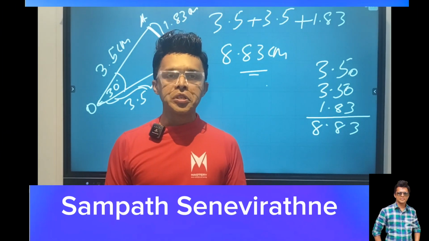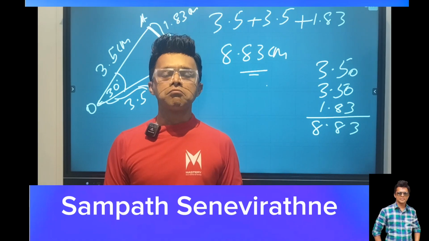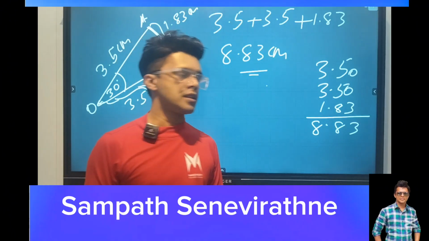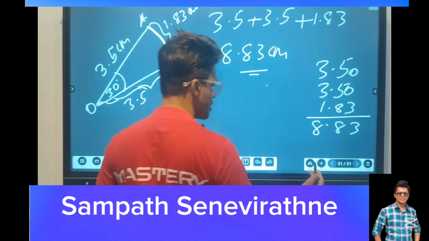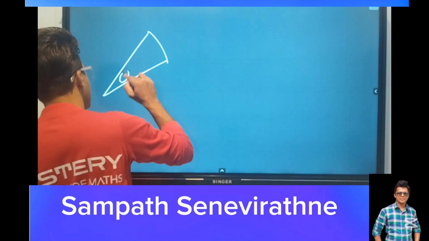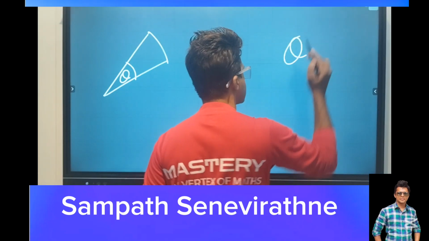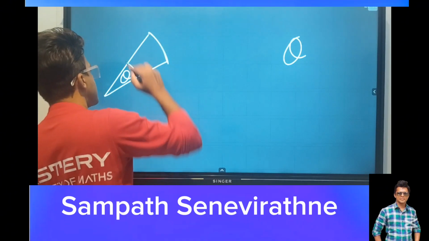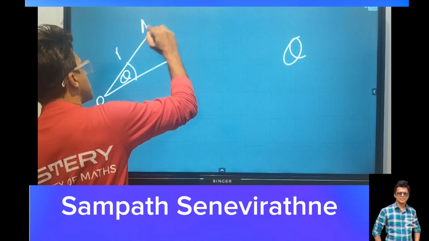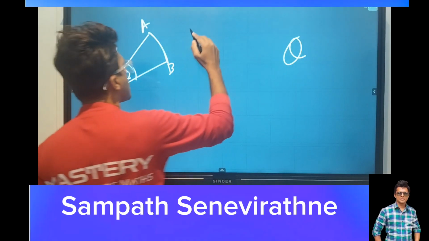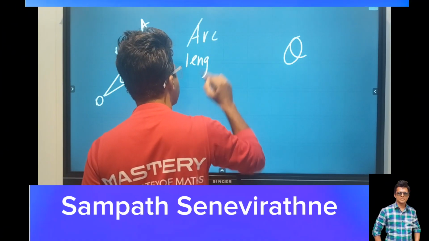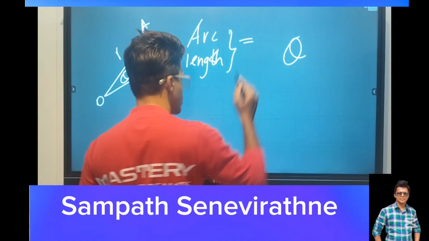Here is the common way used to get the arc length as well as the perimeter of a sector. In these questions, we use the angle given in the sector. I will call this angle theta, and this is the radius, OAB.